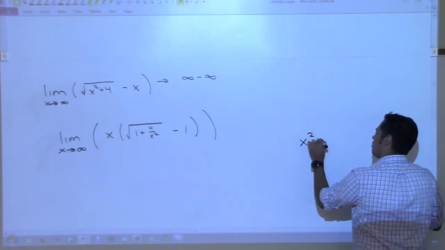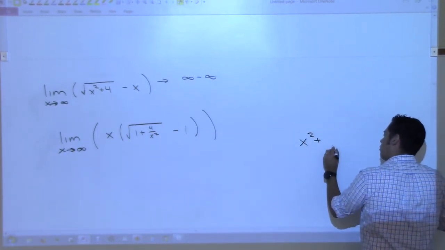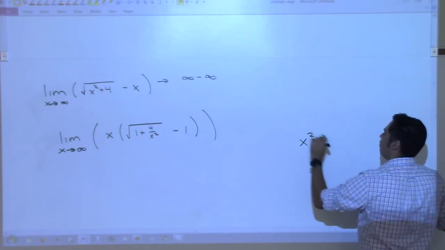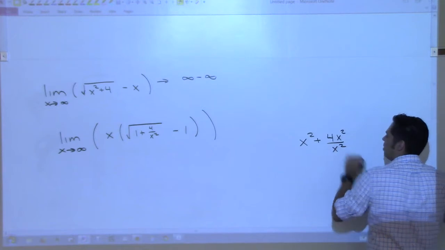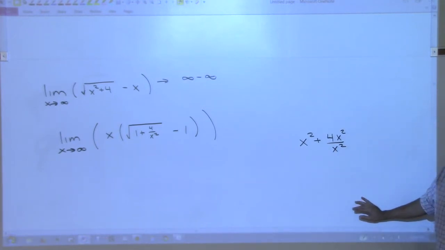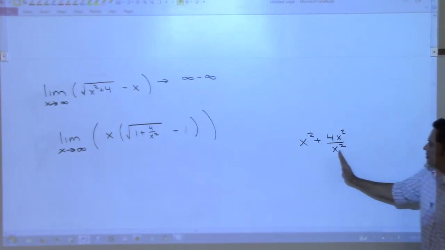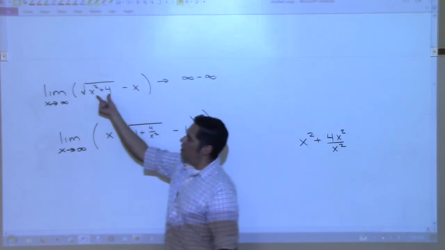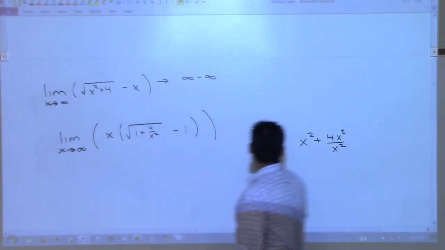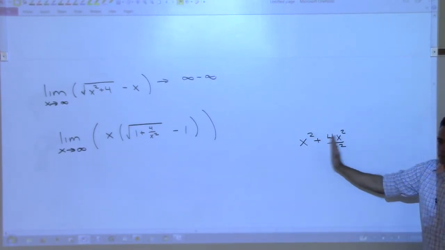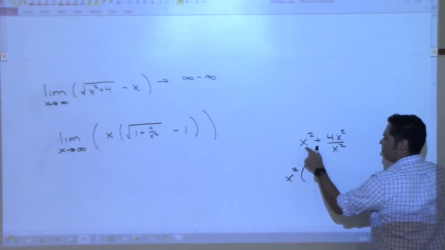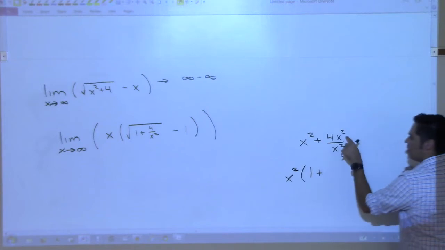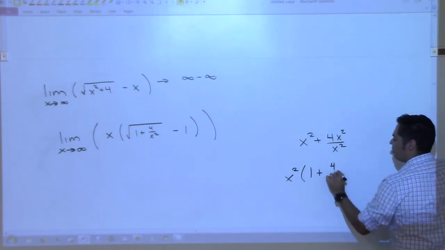I rewrote x squared plus 4 as x squared plus 4x squared over x squared. I know that's crazy, but it's the same thing, right? Now, do they both have an x squared in them? Yes, so I pull an x squared out, and I'm left with 1 plus 4 over x squared.